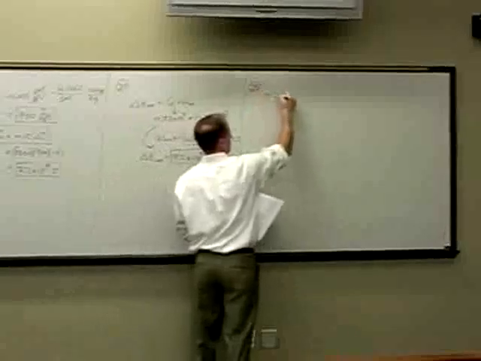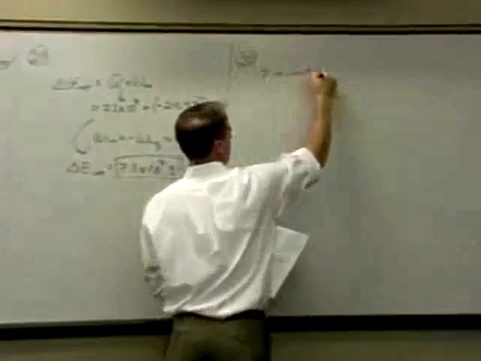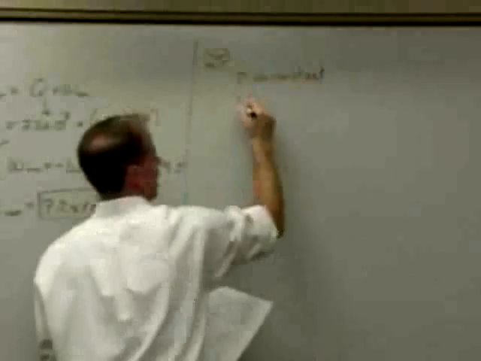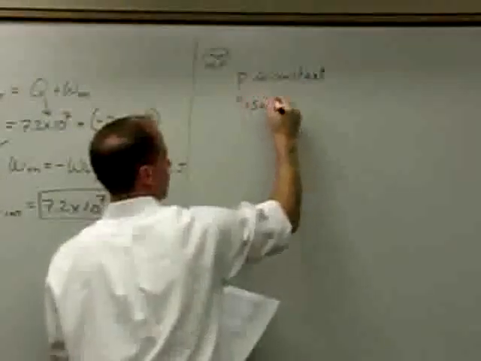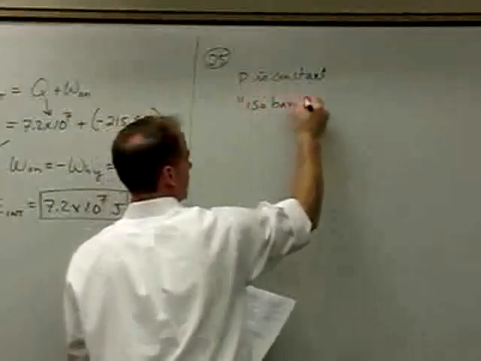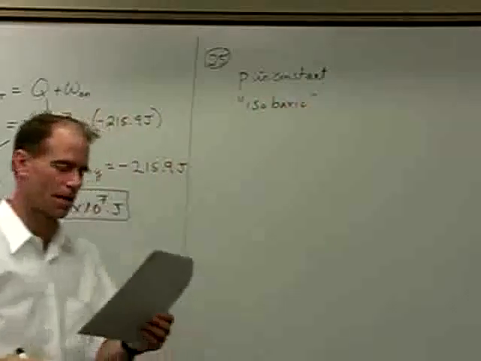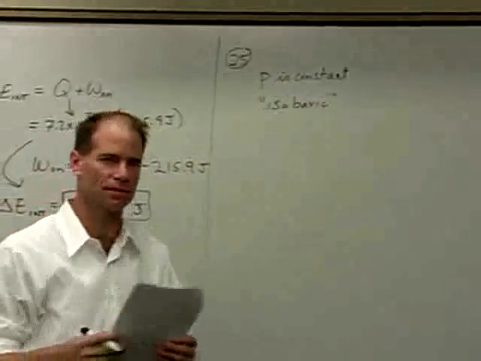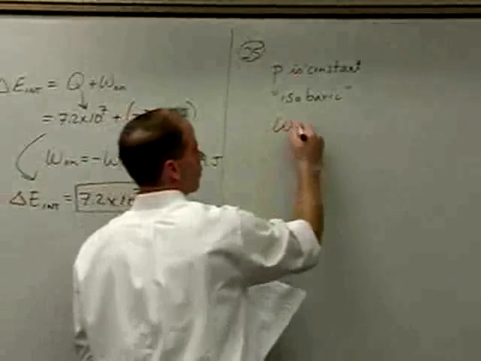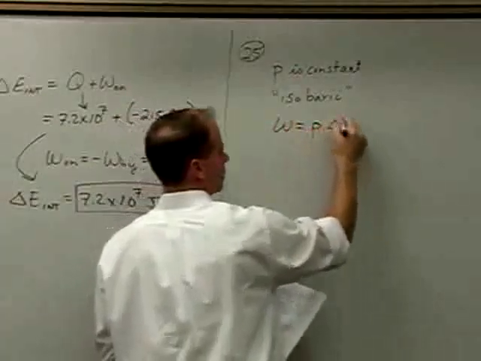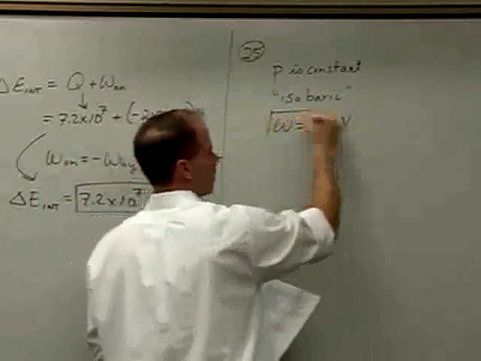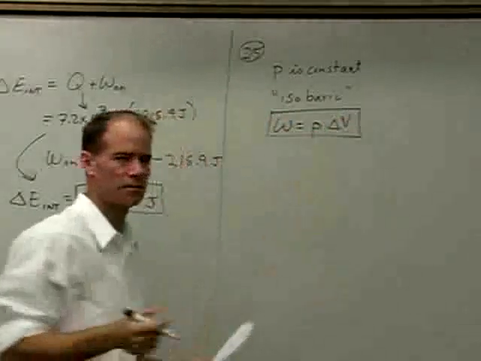P is constant, so this will be isobaric. If it's constant, that means the work done will equal this constant pressure times the change in volume of our substance.